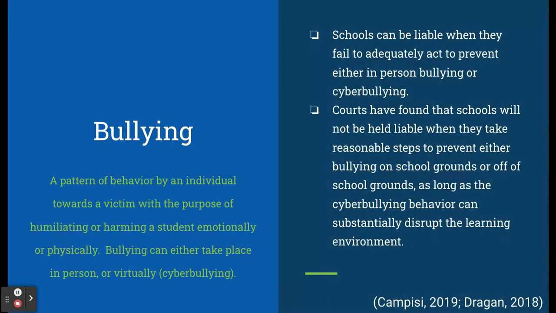We also spoke several weeks ago about bullying. And bullying is also something that schools can be held liable for if we fail to adequately act to prevent either in-person bullying or cyberbullying. And cyberbullying is a new wrinkle to this because, and I believe I shared this with you a few weeks ago, schools have the right to take disciplinary action regarding cyberbullying, even if it doesn't happen on their school grounds.